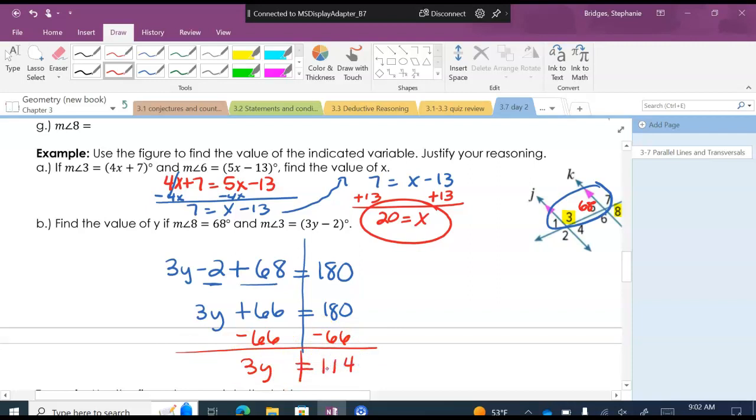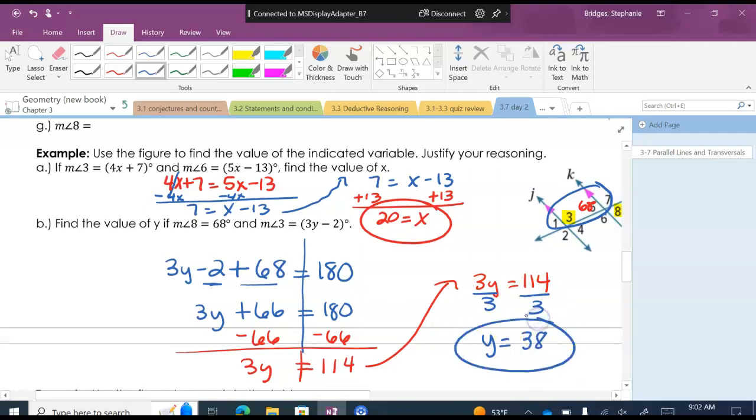What is that, 114? I'm going to come over here because I'm out of room. 114 divided by 3. And so that's going to be 38? Yes.